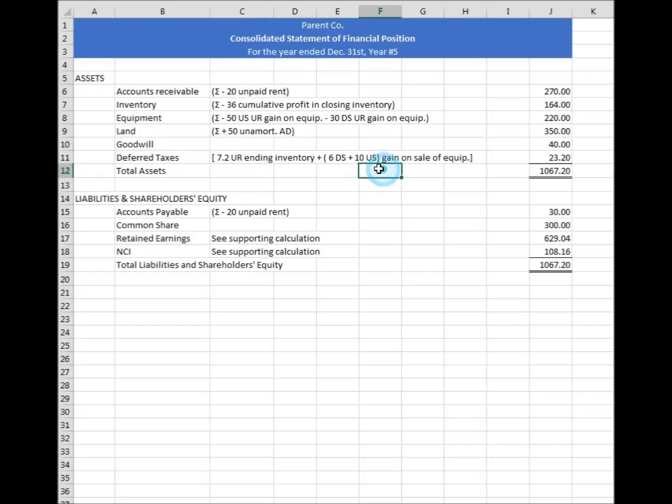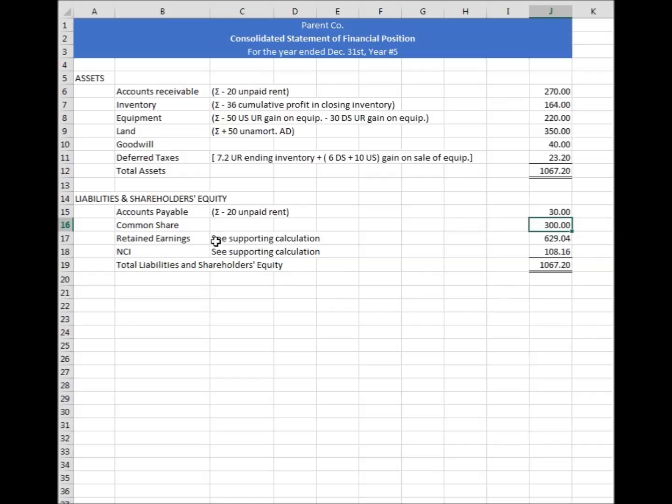And the same idea over here. So related to this would be related to these over here, and it's this much tax. Alrighty, so now moving on to the liabilities and shareholders' equity section. Once again, we took out that unpaid rent. We have the common shares that the parent had, which we assume are going to be the same unless mentioned otherwise.